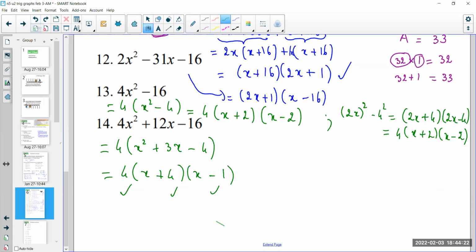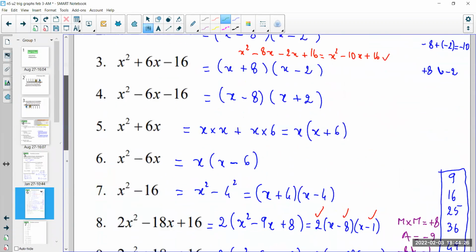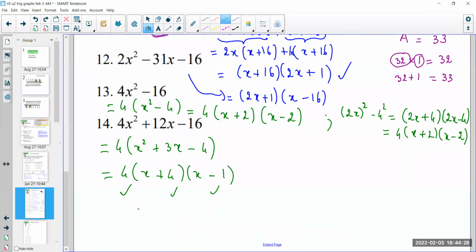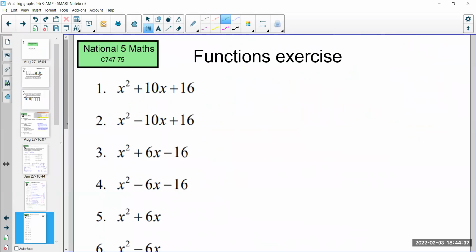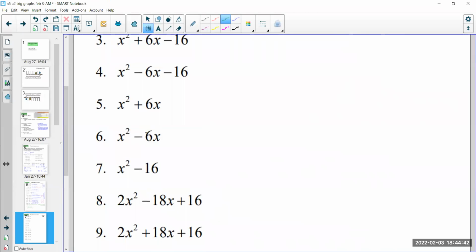So we need to be able to do these. And remember when I said to you, a foolproof method? This is why the foolproof method works. I'm going to do this again this time, not all of them, but the ones that people found a bit harder or didn't spot.